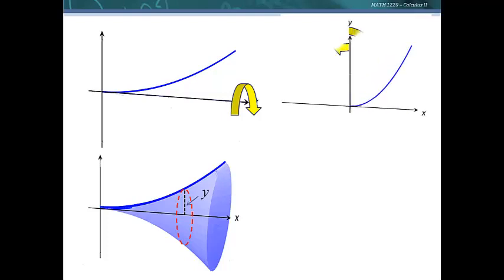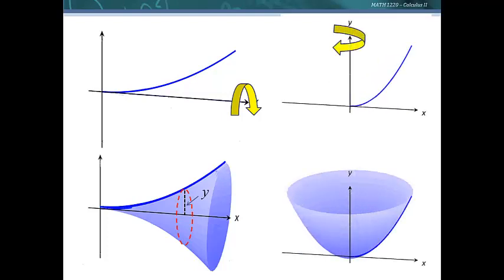Now if we had a function and we wanted to rotate it around the y-axis and generate the solid to find the surface area, again we think of how our circle would be. We need the circumference of this circle, its radius then is x, and so for this integral, we'd have 2 pi x, and then our square root and the rest of that.